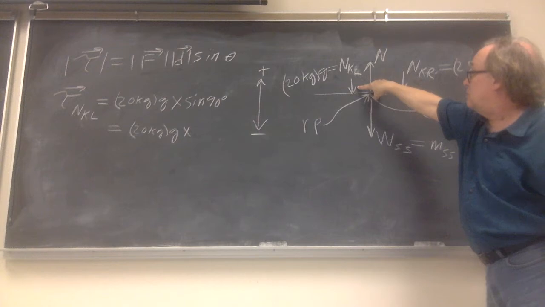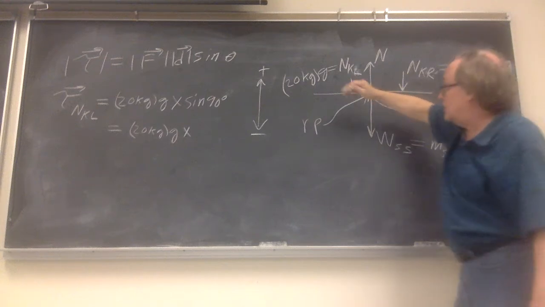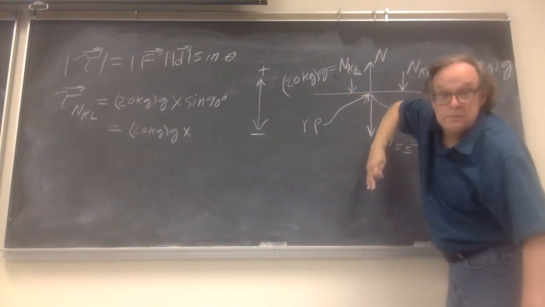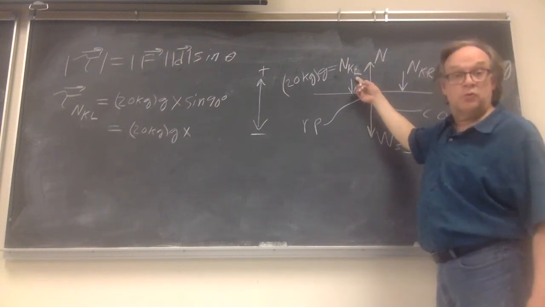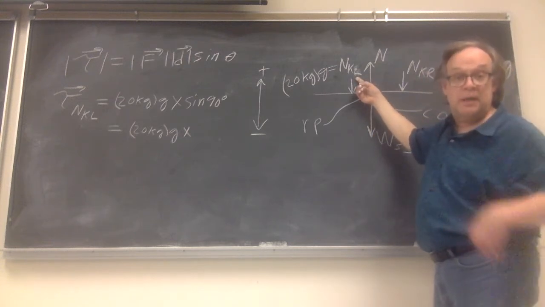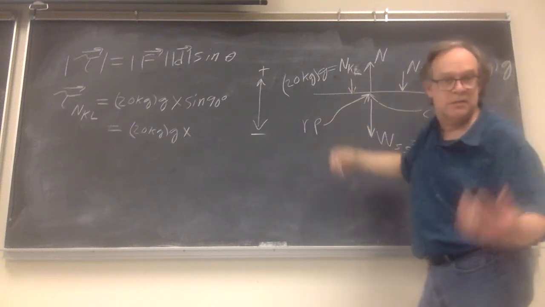And if this is strong enough to make rotations happen with this as the axis of rotation, then the seesaw would rotate counterclockwise. So this force causes a positive torque because it makes a positive rotation appear. Counterclockwise is positive.